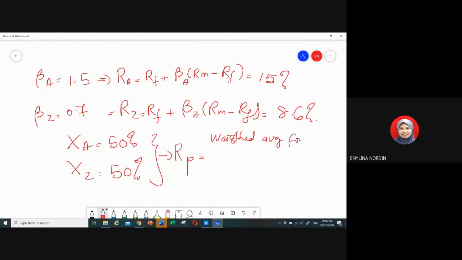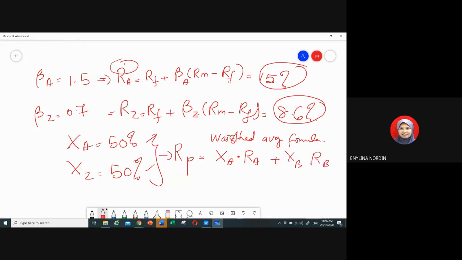We already know the return on stock A, the return on stock Z, and their weightage. So weightage in stock A multiplied by required return on stock A. Don't put a hat here, we don't use bar here because we calculated using CAPM earlier. Plus weightage in stock Z times required rate of return of stock Z. So 50% times 15%, plus 50% times 8.6%.